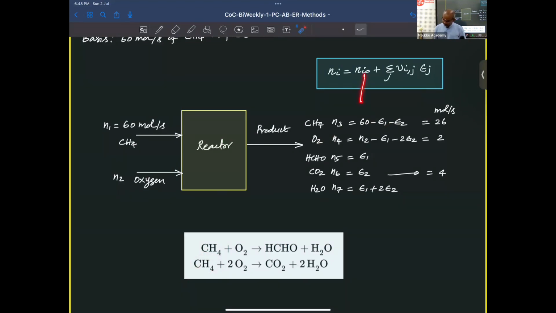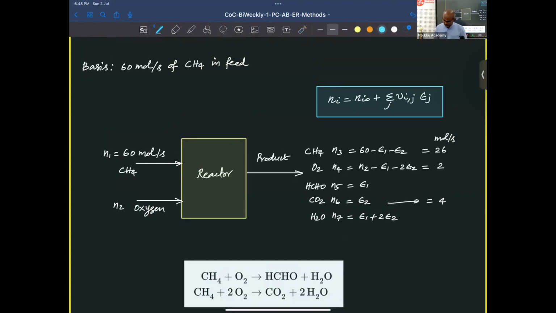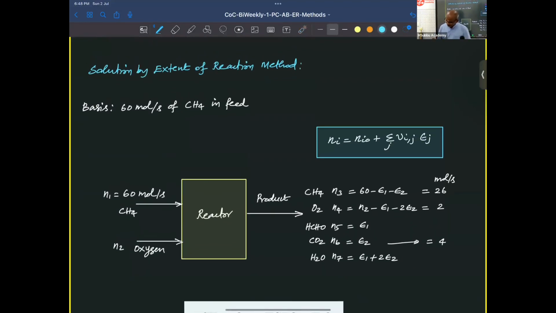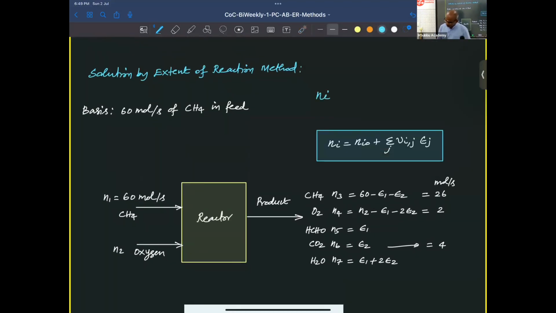So I can write this equation comfortably. Since there are two reactions, I can write Ni equal to Ni naught plus nu i of the first reaction times the extent of the first reaction, plus nu i of the second reaction times the extent of the second reaction. That is the meaning of this summation.